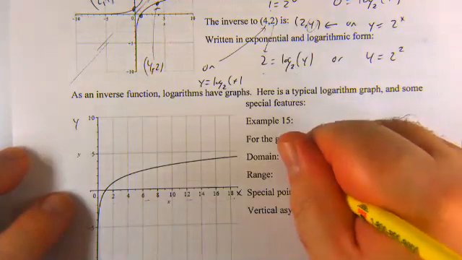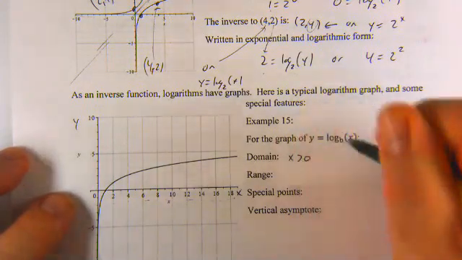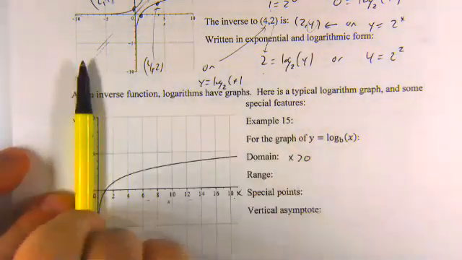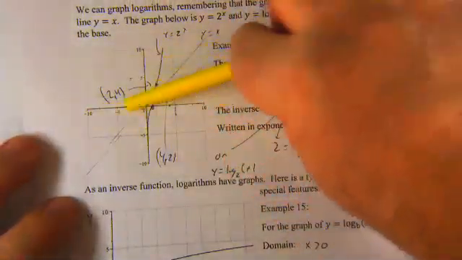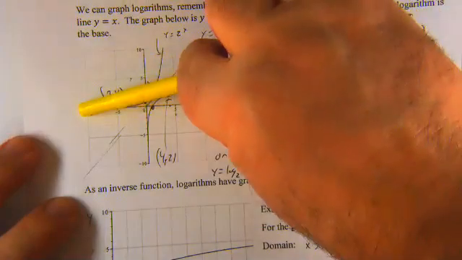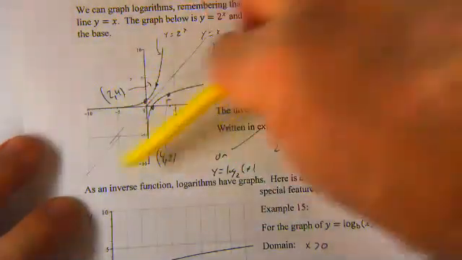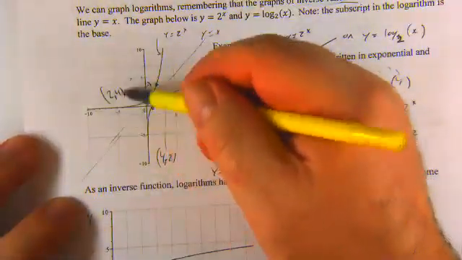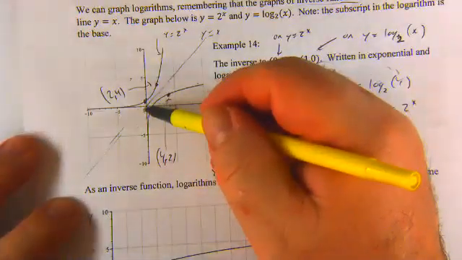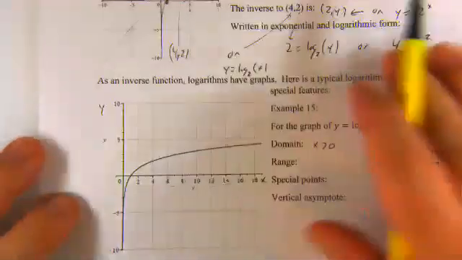The domain is x greater than 0. We just start here and go out to the right. If you take this graph, which has a horizontal asymptote here, and flip it over this line, you miss the entire left side of the graph. So logarithms have no graph out here to the left. The domain starts at 0 and goes out to the right. It doesn't include 0.